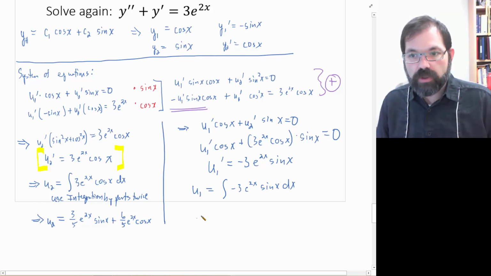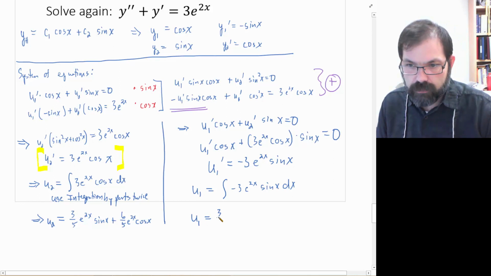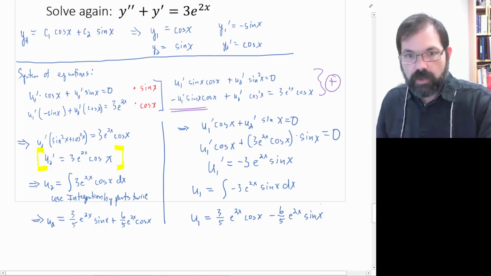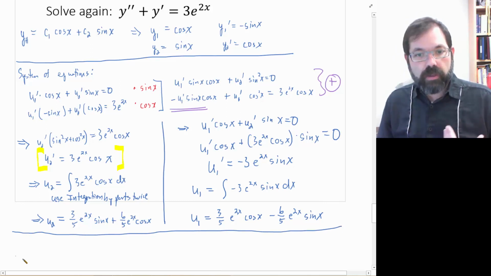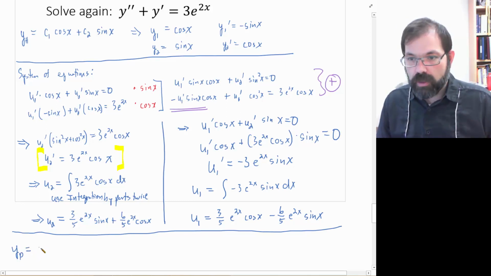And again, if we use integration by parts twice, we find that u1 is, again copying from my note sheet here, 3/5 e to the 2x cosine x minus 6/5 e to the 2x sine x. Alright, so we're almost there. Remember that the assumption previously was that y sub p was u1 y1 plus u2 y2.